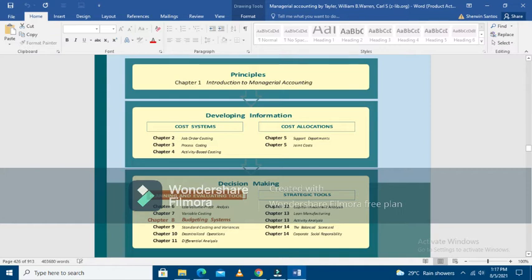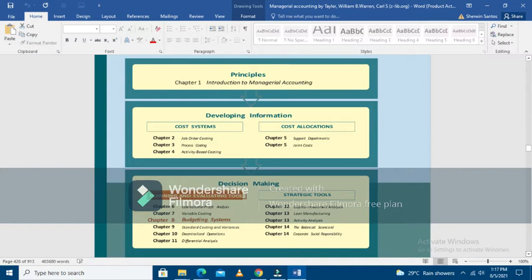We will be using the Managerial Accounting book by Tyler and Warren from time to time, and we will be jumping around the chapters. We will not be covering the entire book, but we will use it as a reference in looking for the topics related to the management reporting subject. Since this is a new subject, there is no prescribed textbook for management reporting.